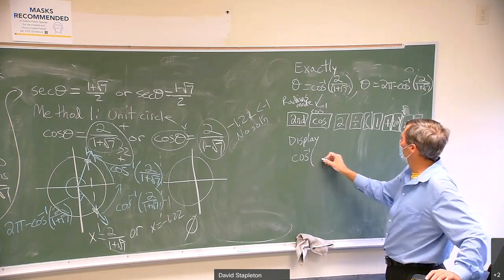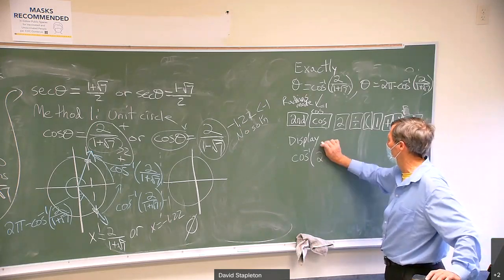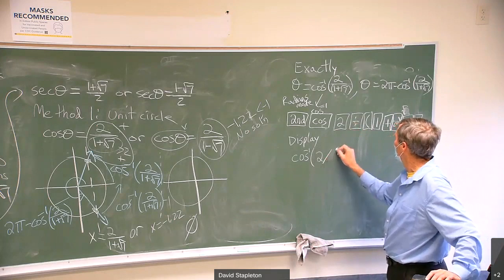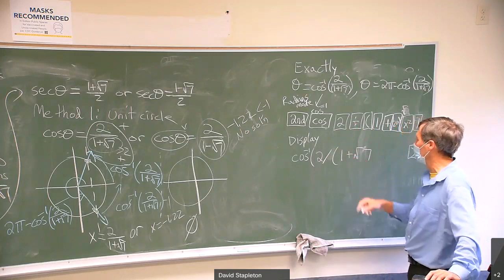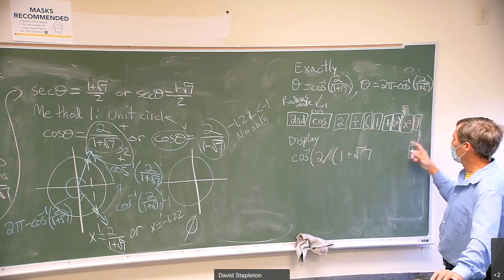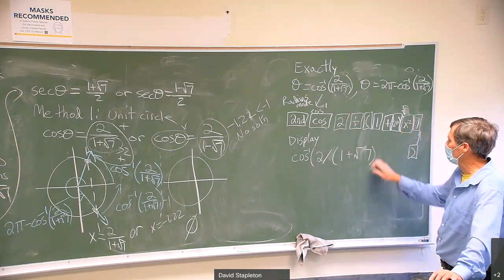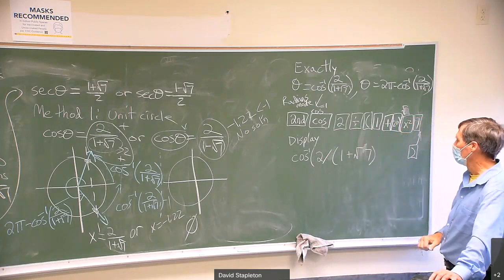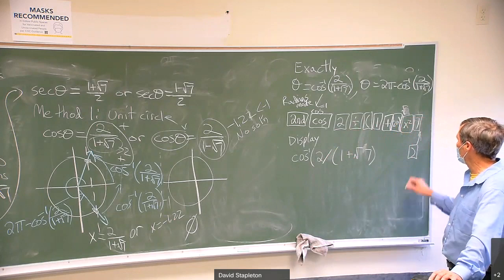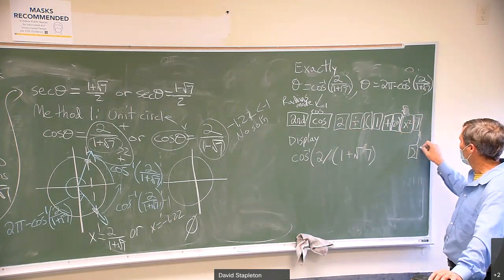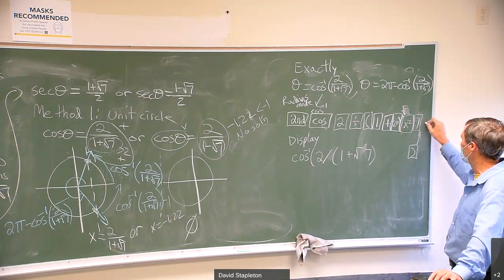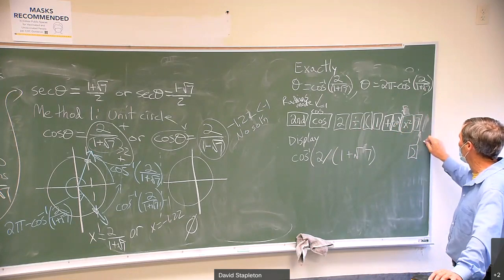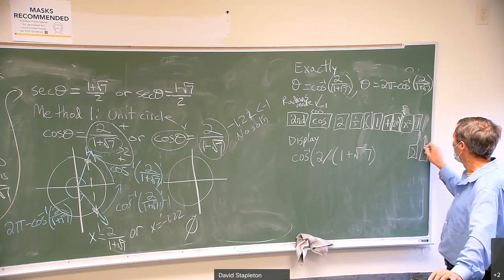It'll put arc cosine 2 divided by, for the divide it'll put a slash, parenthesis 1 plus square root 7. This is the display. Now, when you push this one, it closes it, or the calculator does it anyway. The TI-84 will automatically close all these, but I recommend going ahead and closing them here, just to make sure.